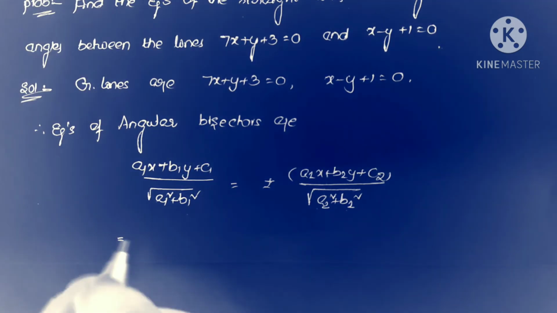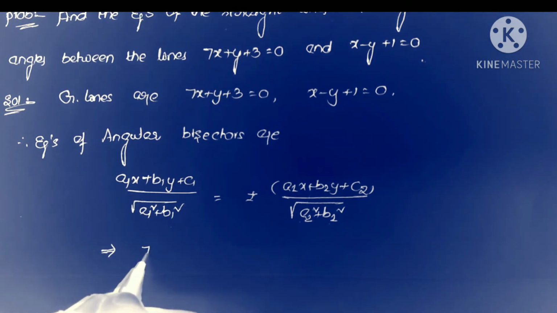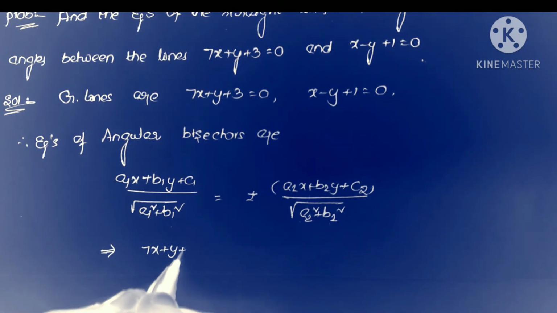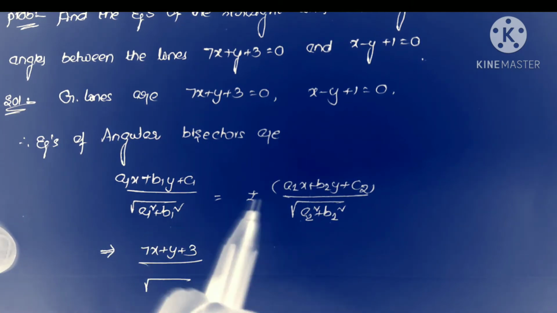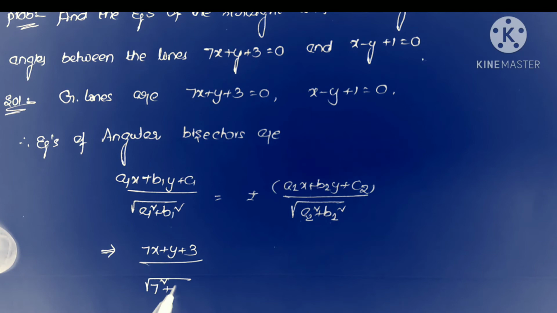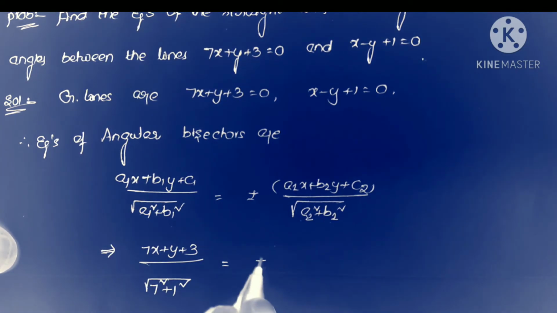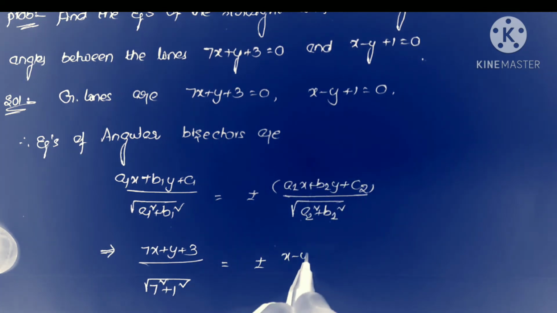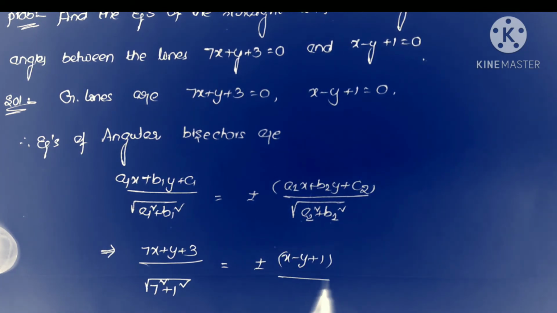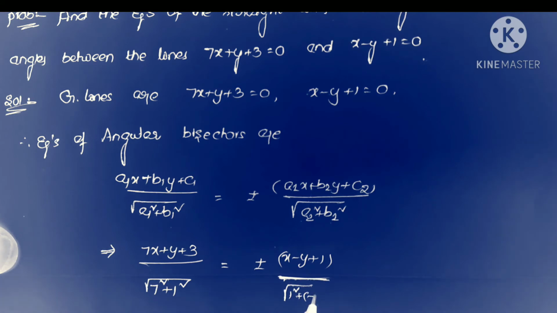So this is equal to a1x + b1y + c1, that is 7x + y + 3 by square root of a1 square plus b1 square, 7 square plus 1 square, equals plus or minus a2x + b2y + c2, second line, x - y + 1 by square root of 1 square plus minus 1 whole square.